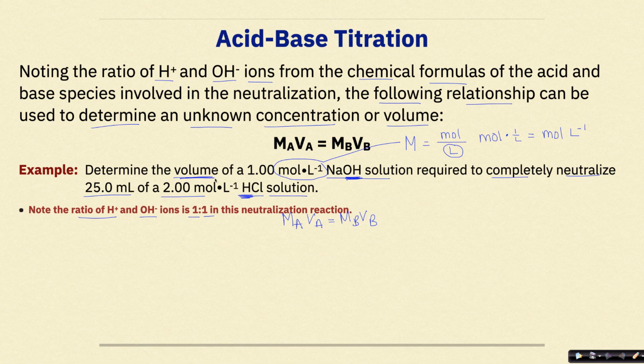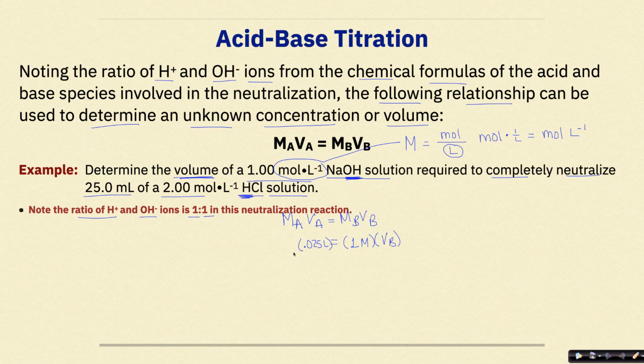So we're determining the volume of the base, all right? And they tell us that the molarity is 1. So the molarity is 1 molar. We are solving for VB, the volume of the base, and then we have 25 milliliters. Of course, we're going to turn that into liters because that's just the right thing to do. So the volume of the acid is 0.025 liters.